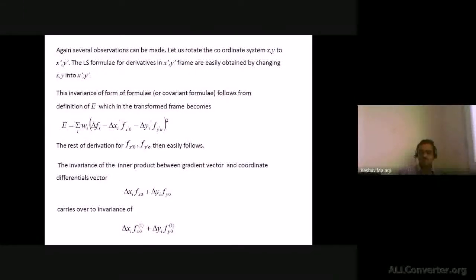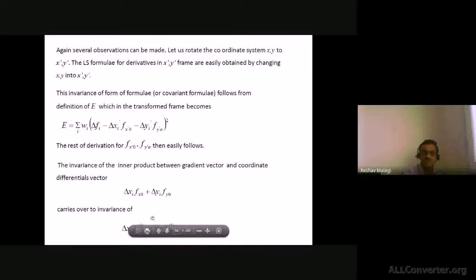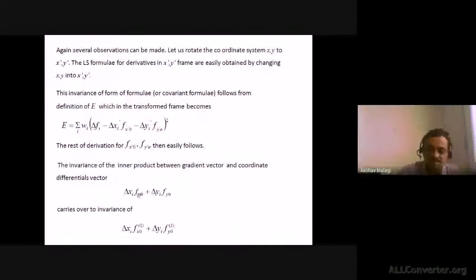Why is this important? This is important because you see here, this is happening also because of delta x_i f_x, delta y_i f_y. This is what appears in the Taylor series here. Okay, and this is carried down to its numerical method, to its approximation also. Now the exact fx is replaced by approximate fx, denoted by 1 in bracket.